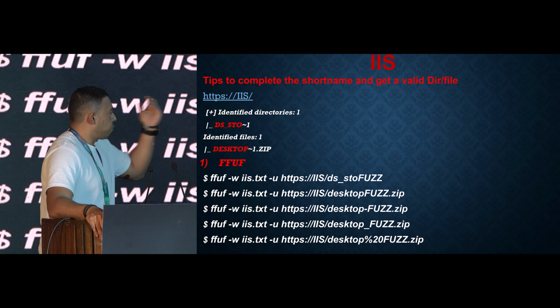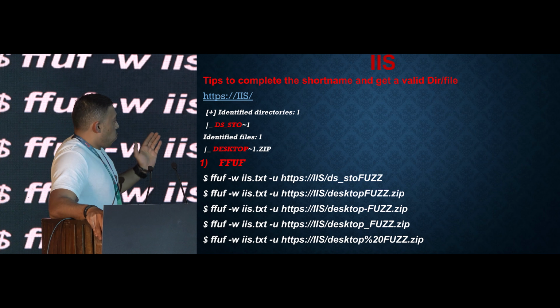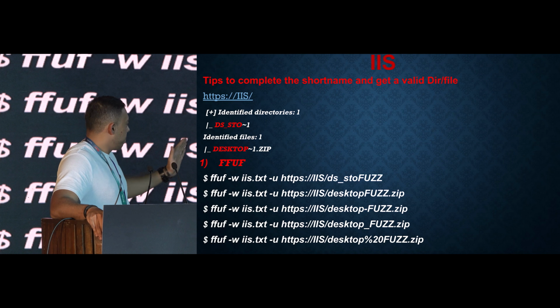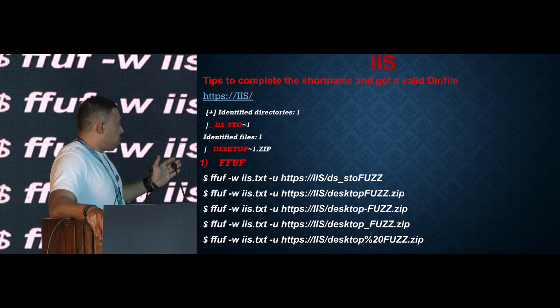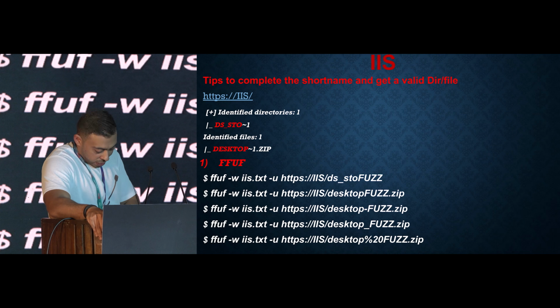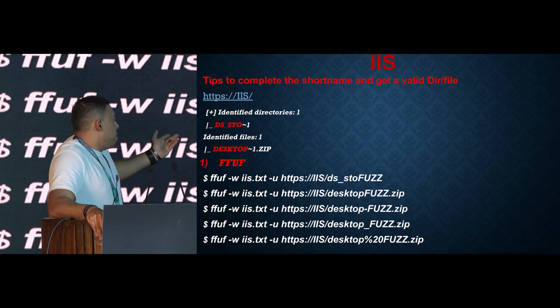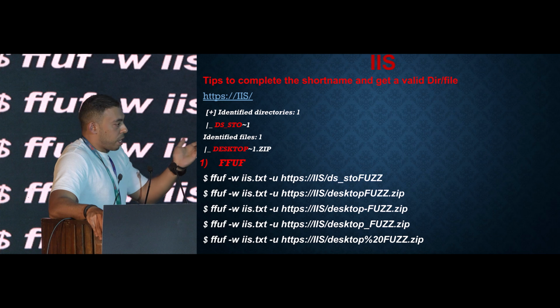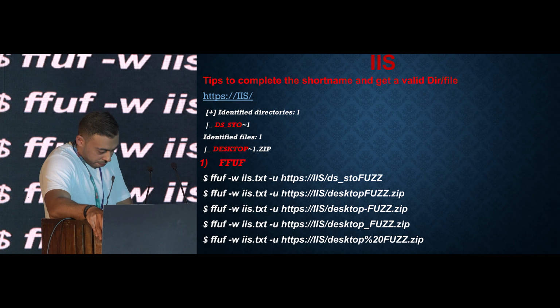I know it's a desktop, but what after desktop? So we can start fuzzing after desktop directly. We can add a dash and start fuzzing directly. We can add an underscore, we can add a space, and fuzz directly. Because it's maybe desktop underscore backup, or maybe desktop dash setup, as an example.